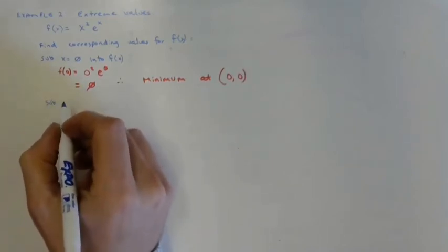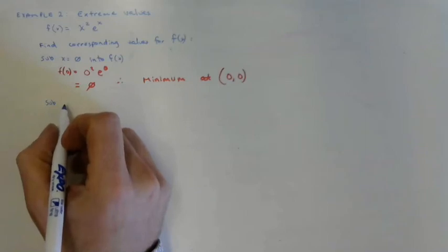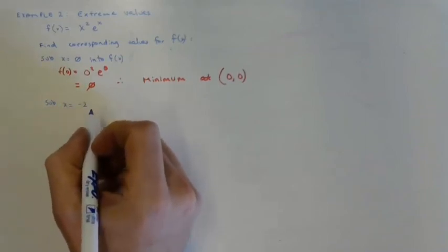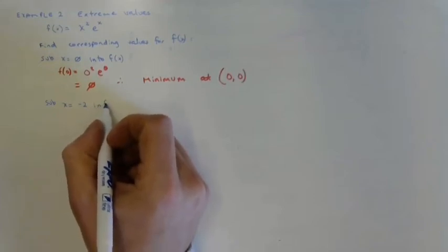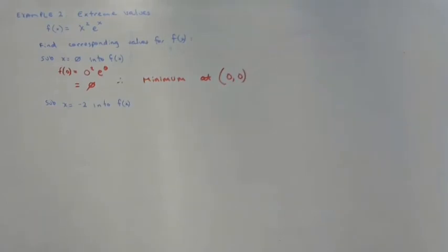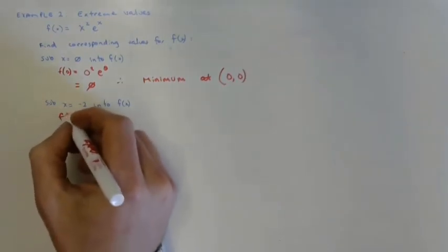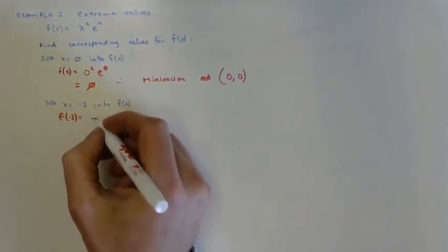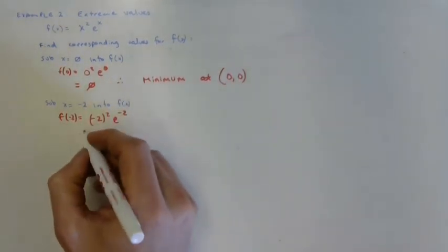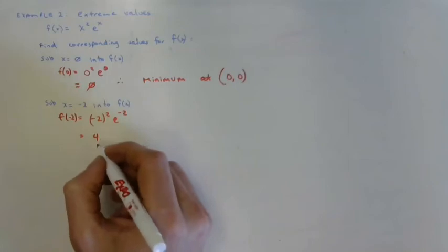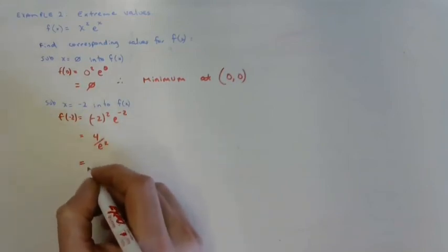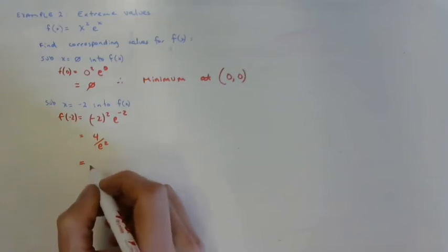For our next one, for our maximum, we're going to sub x equals -2 into f of x. That looks like this. F of -2, got -2 squared times e to the power of -2. That is 4 over e squared, which comes out as, we'll just leave it.